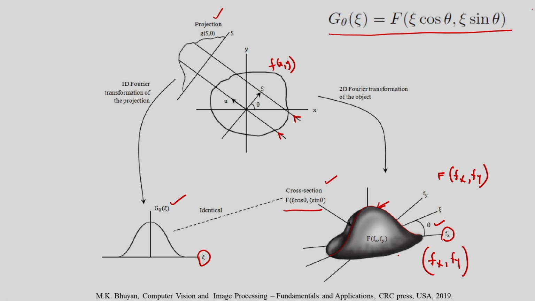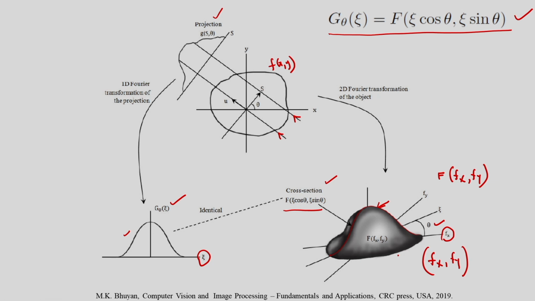If you see the expression, the 1D Fourier transform of the Radon transform gives this profile, and if I take one slice of the 2D Fourier transform of the object, then it will be identical.